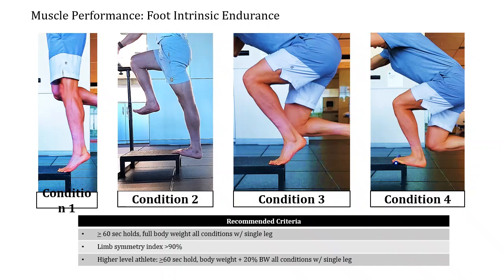For higher level athletes, due to the additional demands that are needed of the foot, and in order to have that important energy storing capacity and return, and counteract the deformation of the ground reaction forces as well as the intrinsic forces that are generated by the ankle, hip, and knee, it is recommended these athletes are able to perform the 60-second holds with greater than 20% of their body weight. Again, they can hold this weight, or they could also utilize a weight vest.